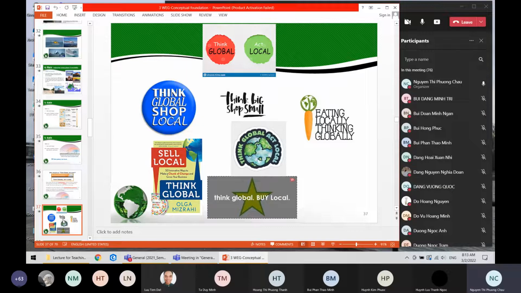This is also like a think global, act local approach. Many businesses in the world and in Vietnam apply this for their own activity. I saw in front of your IU canteen a similar sentence like this, but I don't remember it.